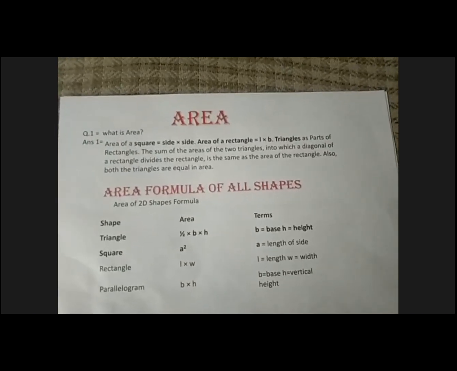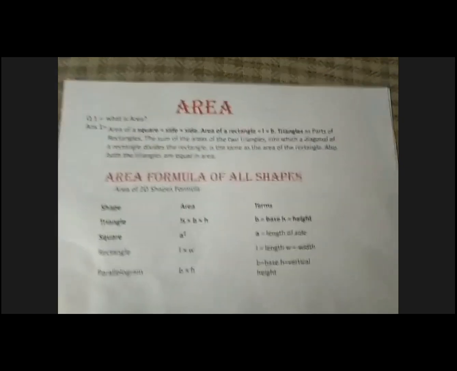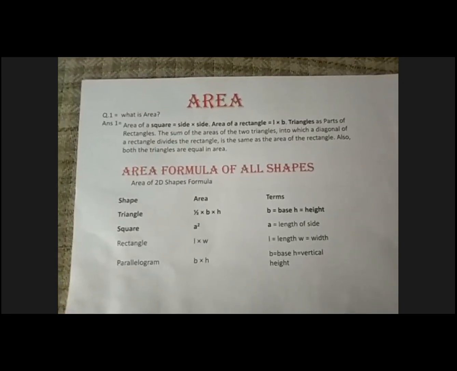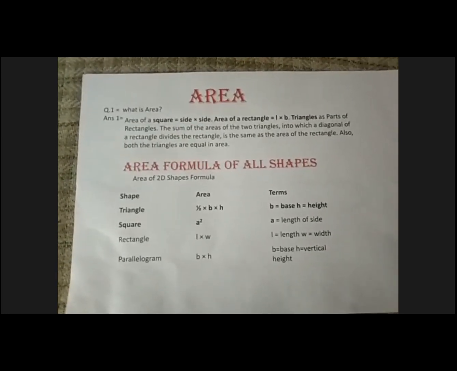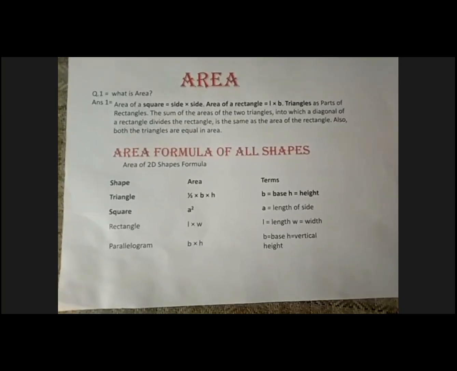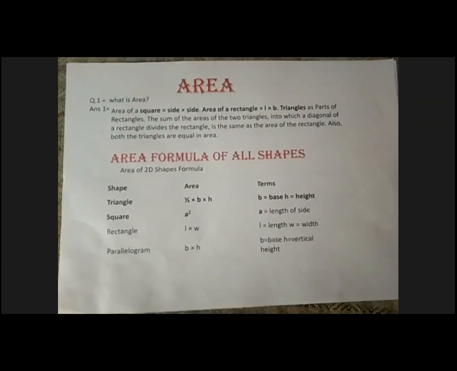The sum of the areas of the two triangles into which a diagonal of a rectangle divides the rectangle is the same as the area of the rectangle.